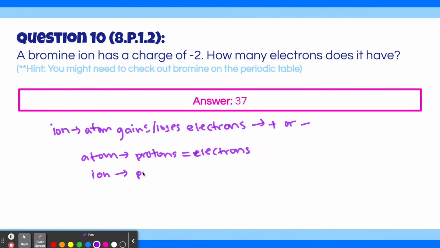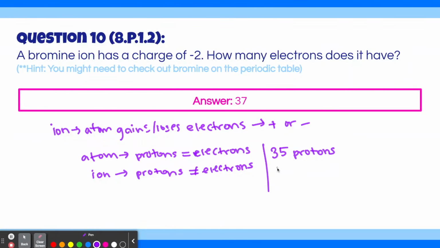But in an ion, the number of protons does not equal the number of electrons because the ion has gained or lost electrons. So in a normal bromine atom, there are 35 protons, and we know this from bromine's atomic number, which we can find on the periodic table.